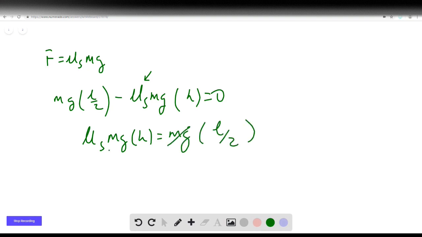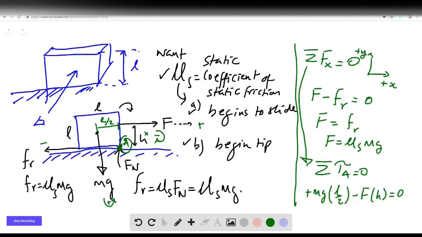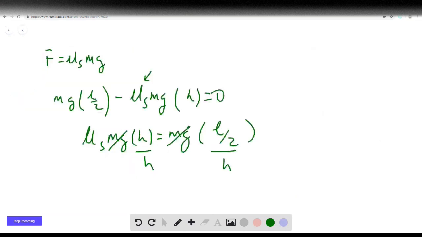The weights cancel out, and then we divide both sides by h, the height where the force is acting. So the coefficient of static friction becomes equal to L over 2h.